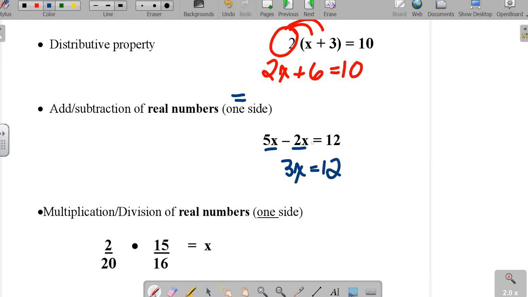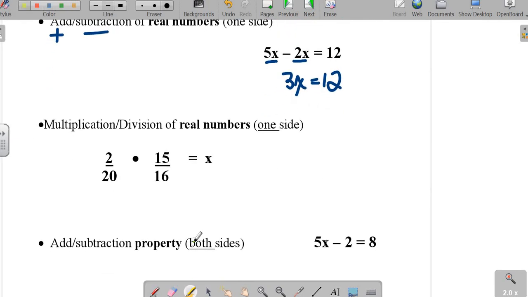We call that addition and subtraction of real numbers. If you're again on one side of the equal sign only, and you multiply and or divide like this, I'm multiplying and dividing, but I'm on one side of an equal sign. That's called multiplication and division of real numbers.